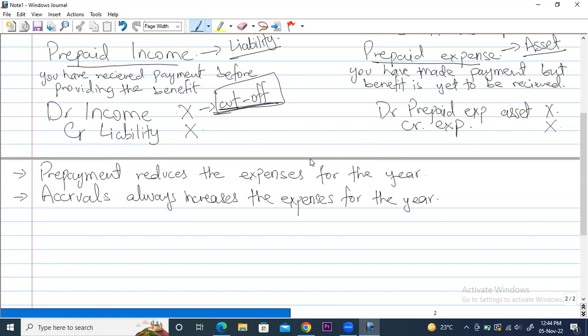Let's write the first point also, that it should be included in that year alone. Let me write that as well.